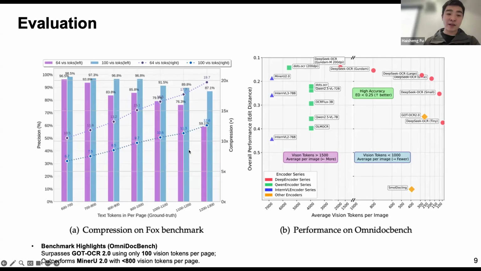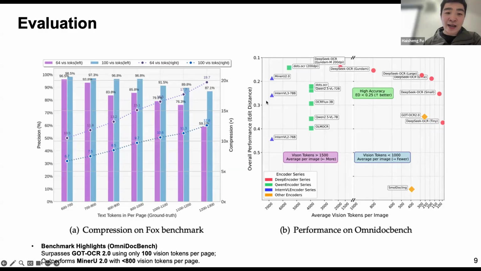We can see the first benchmark. For the first one, its compression ratio is about 10 times. It can achieve 98.5% results. The second figure is the text on the OmniDocBench.